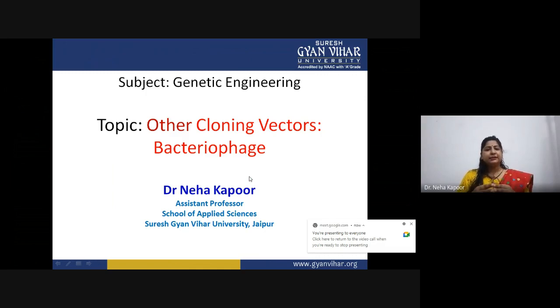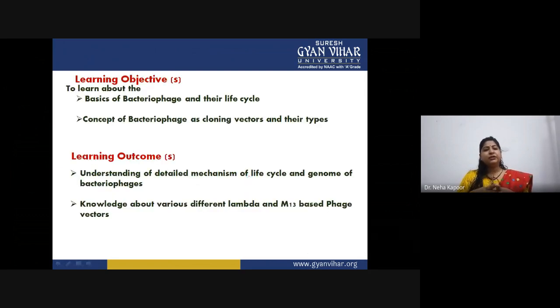Today we will be discussing some other cloning vectors apart from plasmids. The main topic of today's discussion will be bacteriophages as cloning vectors. The main learning objective of this lecture is that you will understand what bacteriophages are, what their life cycle is, how they replicate, how we can use bacteriophages as cloning vectors, and what their different types or improvised types are.